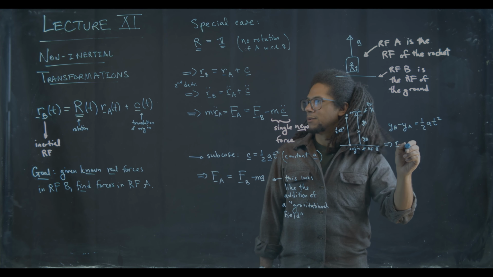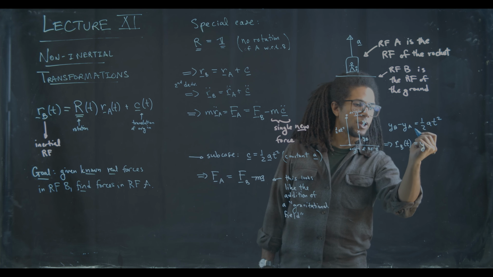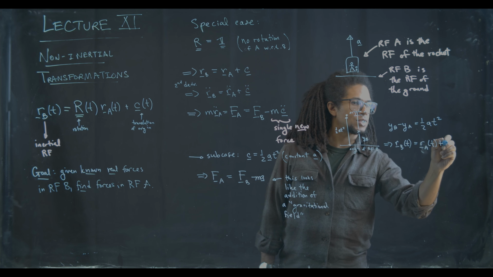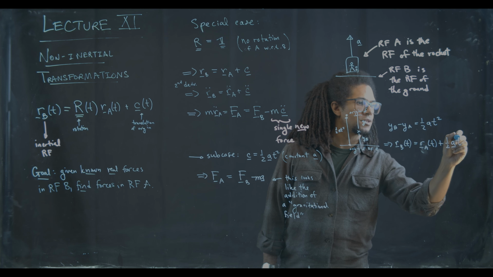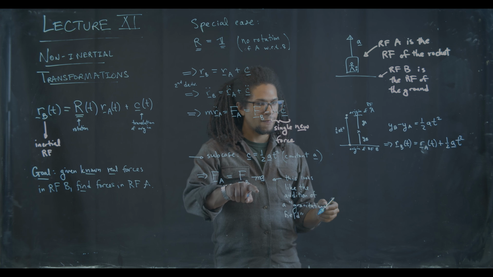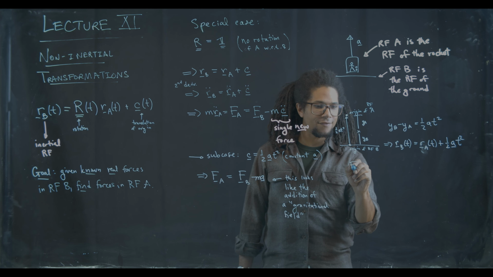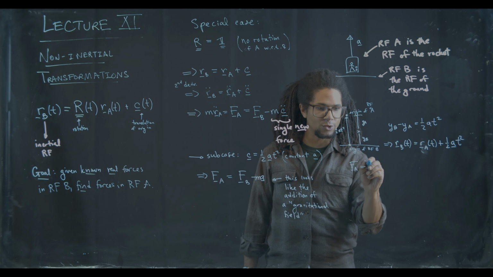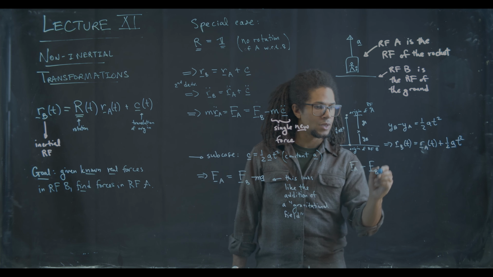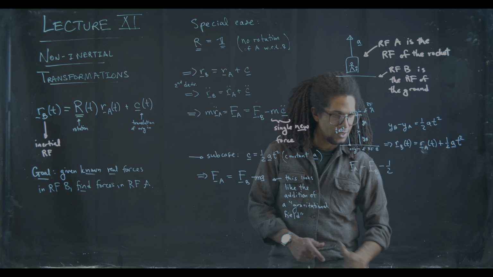R_B of t is equal to R_A of t plus 1/2 a t squared. Good. All right. So we get exactly what we had over here, that F in the A reference frame is equal to F in the B reference frame minus m times A.